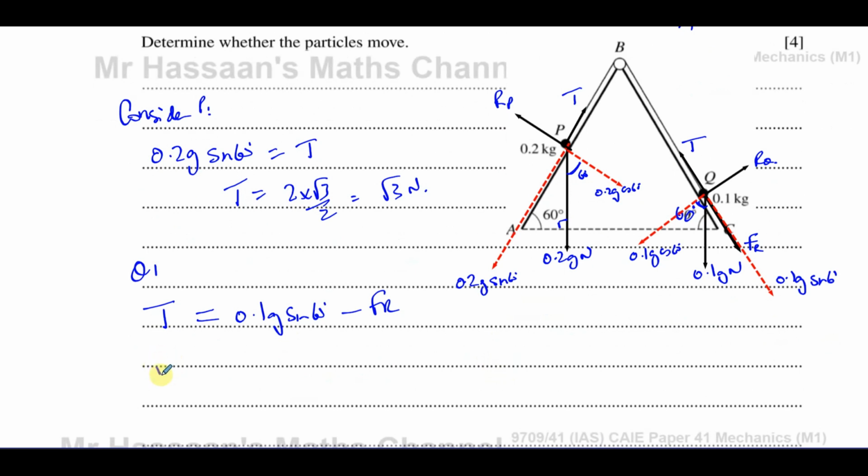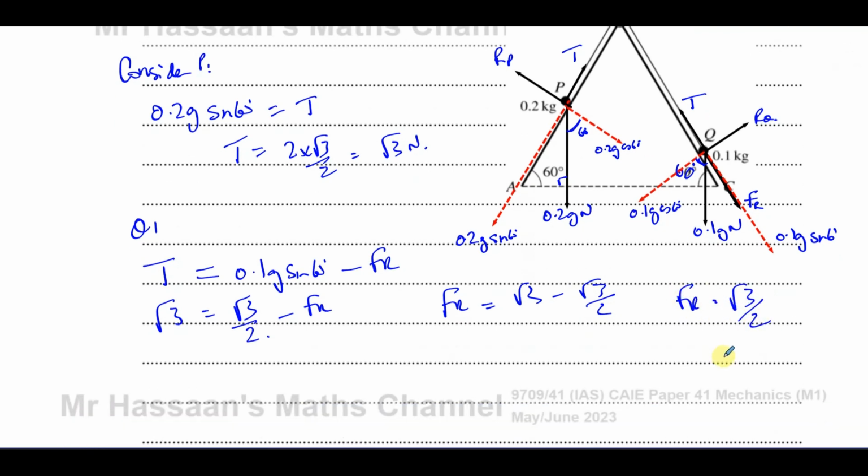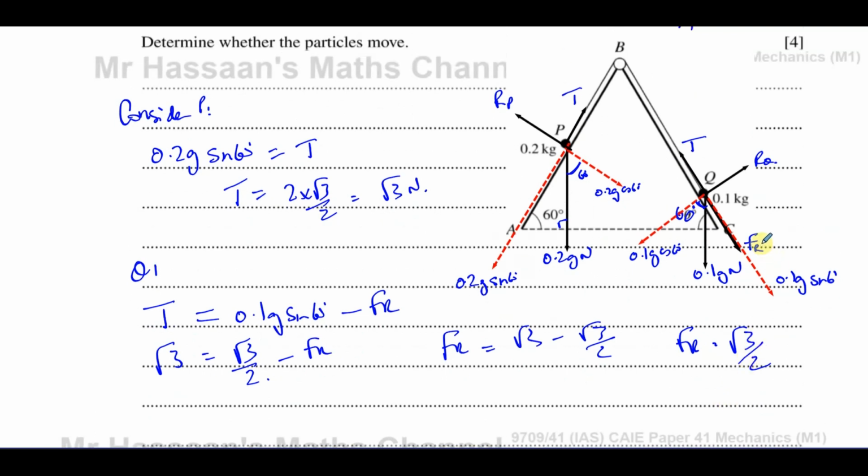You're going to have root 3 is equal to 0.1 times G, which is 1, and sine 60 is root 3 over 2, minus FR. So the frictional force here is going to be root 3 minus root 3 over 2, which is root 3 over 2.